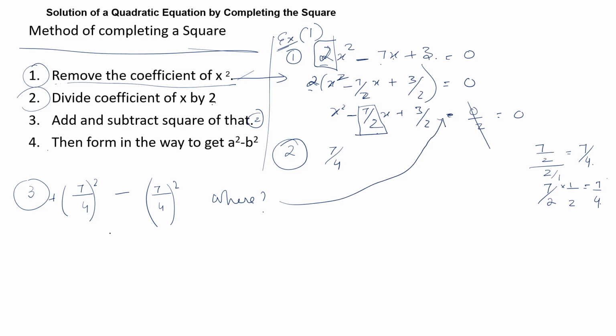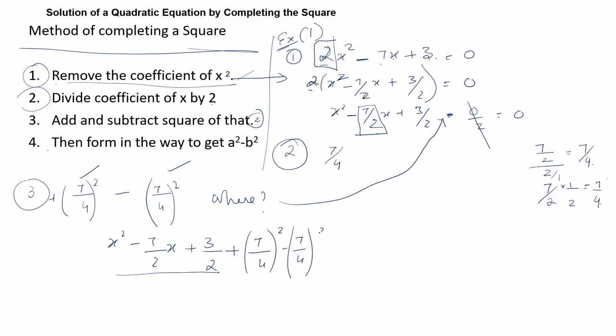The equation will be as such, don't change the equation. I see many students write 7 by 4 whole square next to x itself. Not that way. Your equation should be as such, and this you have to attach to the equation: plus 7 by 4 whole square and minus 7 by 4 whole square. Getting it? So now see the sign of the coefficient of x. Third step is done, now the fourth step.